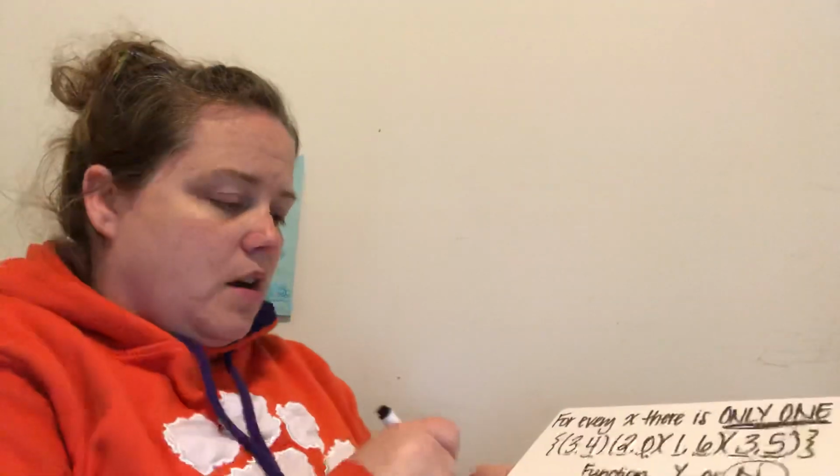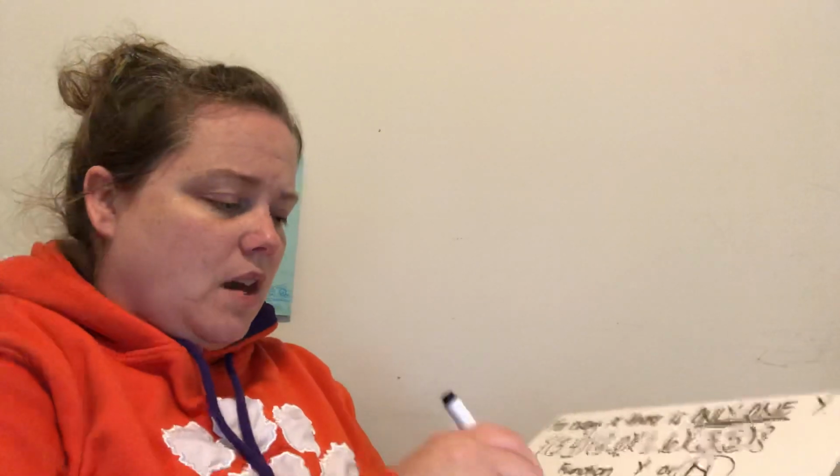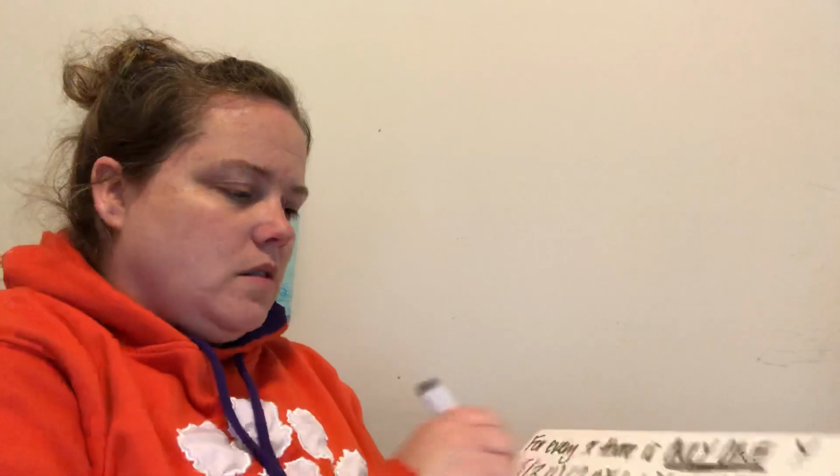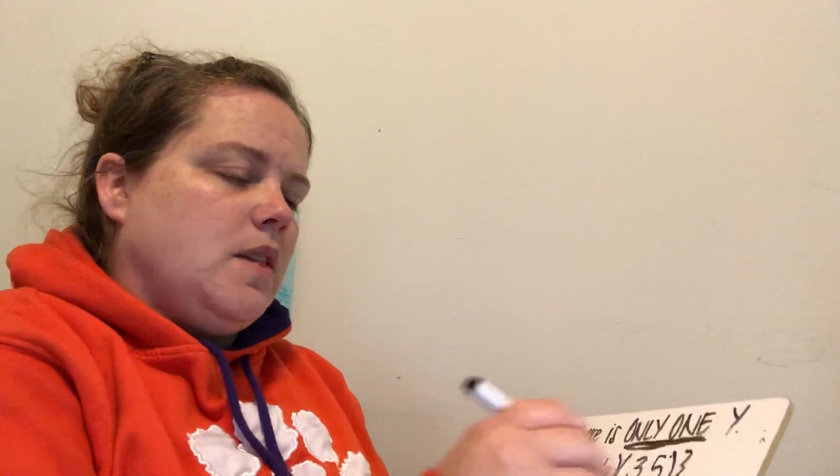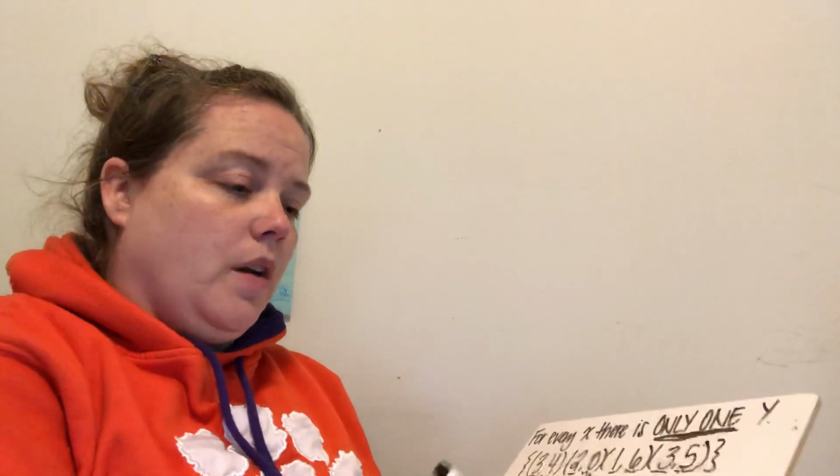And a functions table is just that x and y again. And I'm going to leave this on here. And we're going to use the data points from our first board to create that x and y table. Okay?